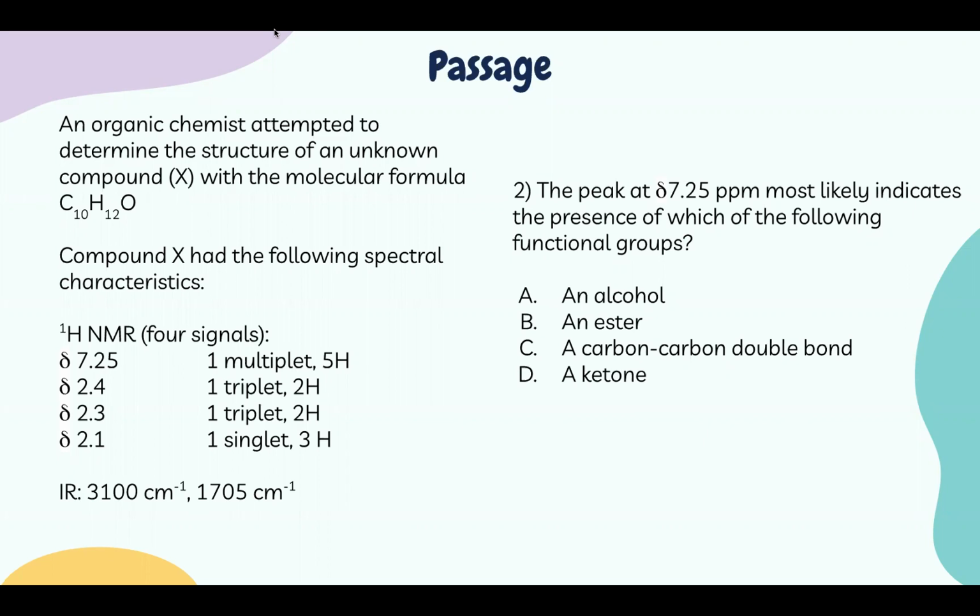Actually, I want to change my answer. I think it might be C, because alcohol and ester both have oxygen, which is very dense with electron pulling, whereas the carbon-carbon double bond is more in the middle. It's the only one that does not have oxygen in it, which would cause the shielding or deshielding effect.